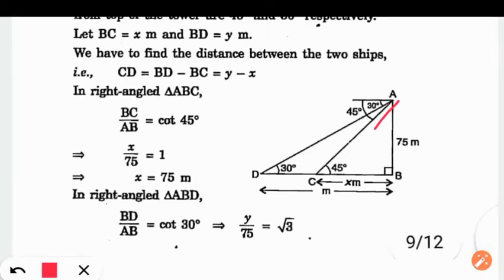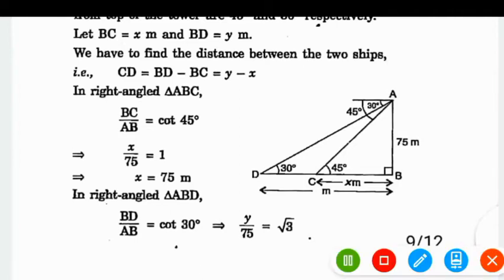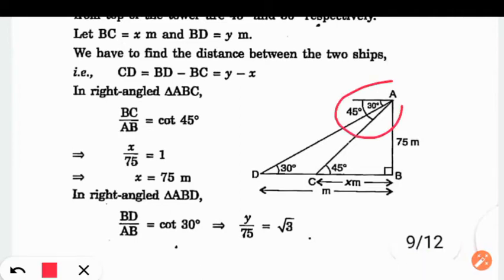The first ship at the point C is seen by making an angle of 45 degree, so we have 45 degree here and we can write 45 degree here as well because they are alternate angles. Again the second ship is seen by making an angle of 30 degree, so this angle must be equal to this angle because they are alternate angles. In the case of angle of depression, we need to make the angle here also. Then by geometry, as they are alternate angles, we can write these two angles here.